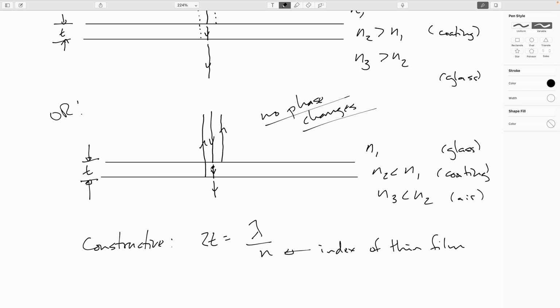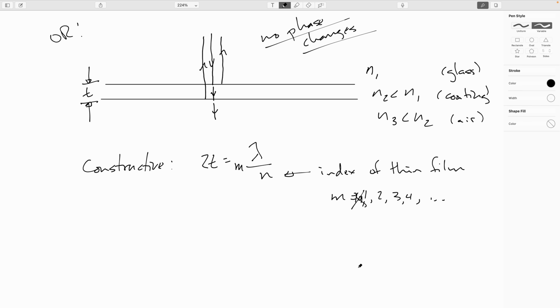As long as this round trip is an integer number of these, then this reflected ray here and this reflected ray here will be in phase with each other, and we'll have constructive interference. So this m here is just an integer. It's 1, 2, 3, 4, etc. I mean, 0 is a possibility. I guess I can put that in parentheses here, but it doesn't really count because then you'd have no film at all, right? So we'll get rid of that.